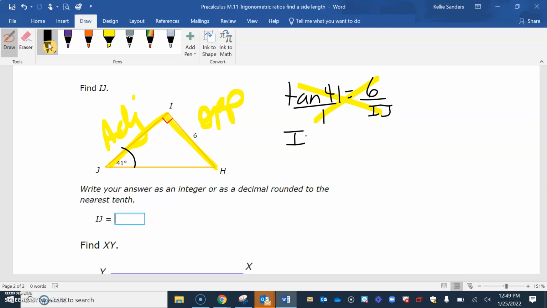So IJ tangent 41 equals 1 times 6, which is 6, and IJ by itself means that we're going to divide by tangent 41. So that's what you're going to put in the calculator. On mine, you can go 6 divided by tangent 41, or you can hit the fraction button and do 6 over tangent 41. And we're rounding to the nearest 10th, so it's going to be 6.9.